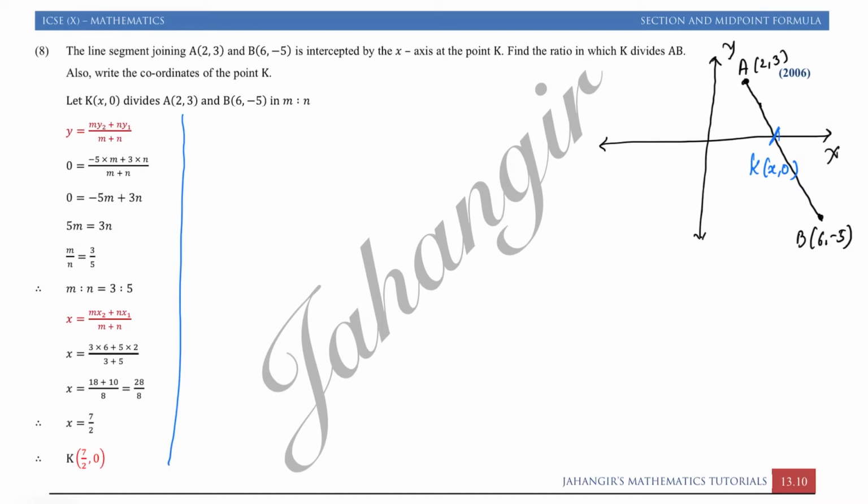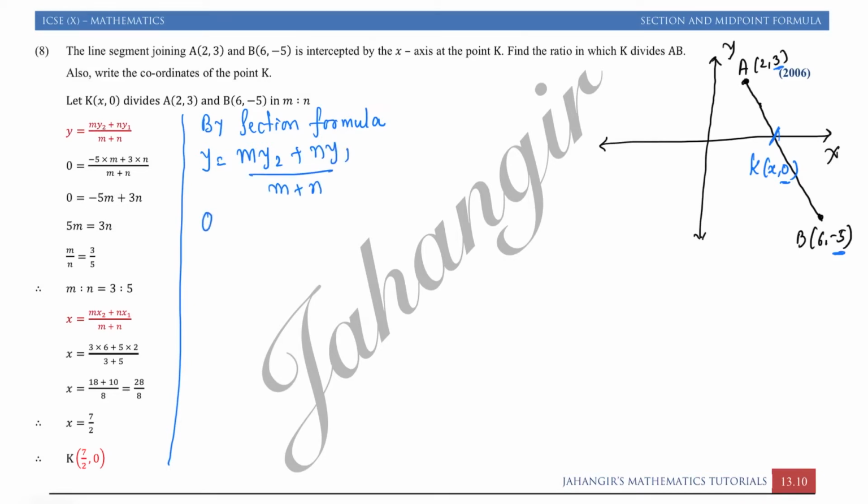So here what we will do, we will say by section formula, y, all coordinates are known, so I can take y. Let us write the formula first. Y is equal to (m y2 plus n y1) upon (m plus n).